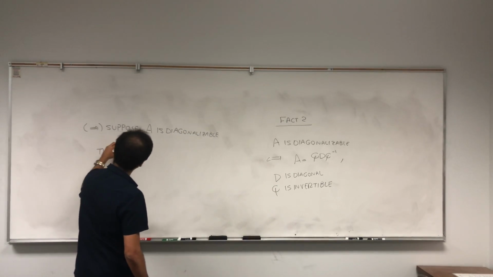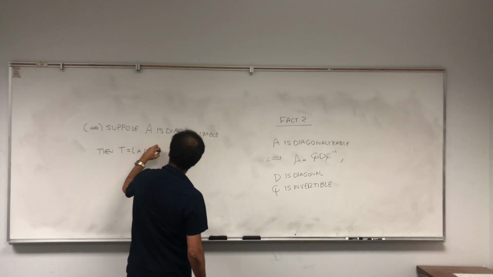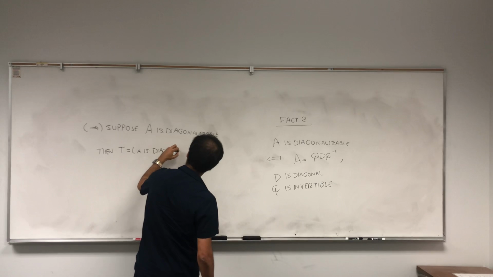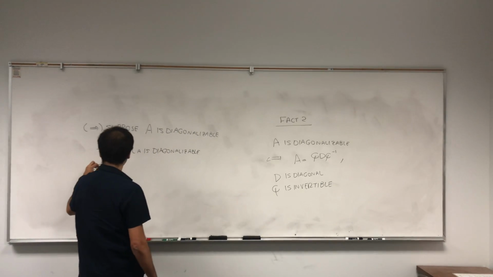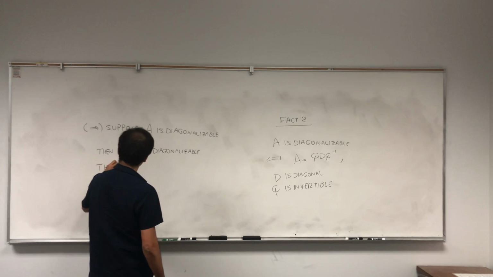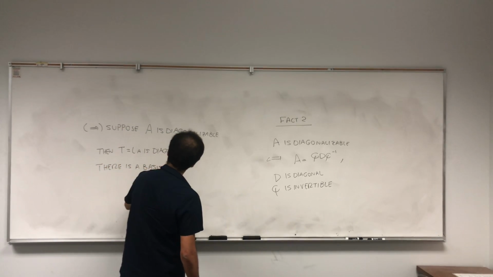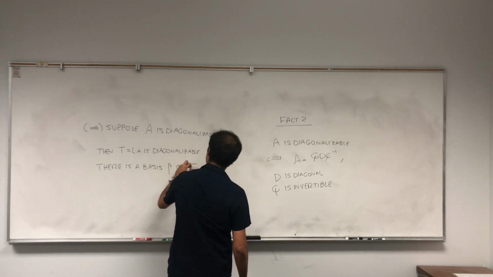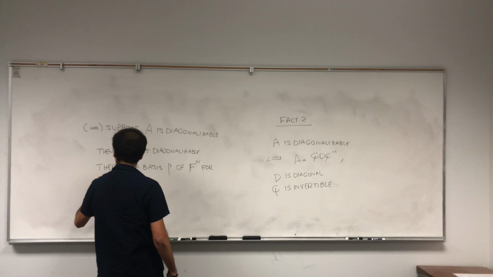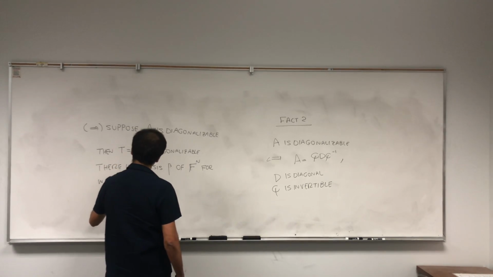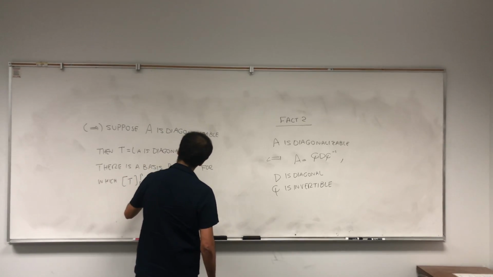Then T equals LA is diagonalizable, which means that, again, there is a basis beta, if you want, of Fn, for which the matrix is diagonal. So the matrix of T with respect to beta, beta is diagonal.